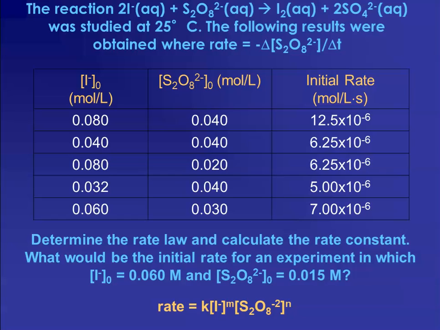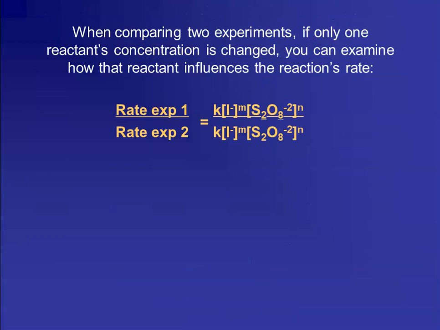So if all I do is examine experiment 1 versus experiment 2, whatever change in the rate is seen would be due solely to I minus, since S2O8 2 minus is acting as a constant. So we always want to try to pick a pair of reactions where only one of our reactant concentrations is changing, so that we don't have to worry about the other one at all.